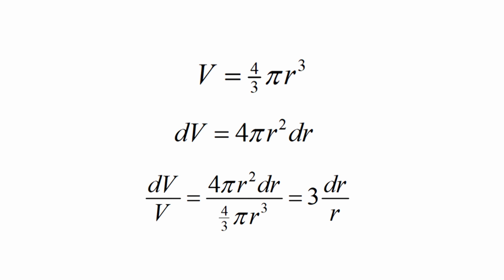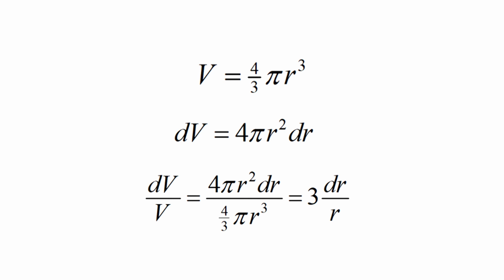If dr denotes the error in measurement of the radius of the sphere, then the relative error in this measurement is estimated by the ratio dr by r, where r is the measured value of the radius.